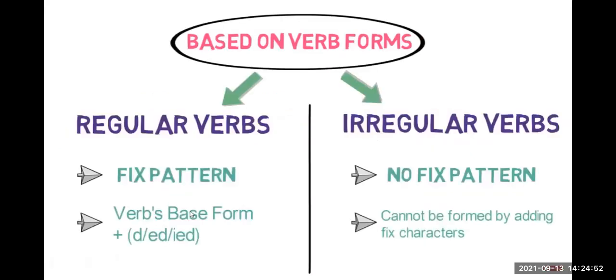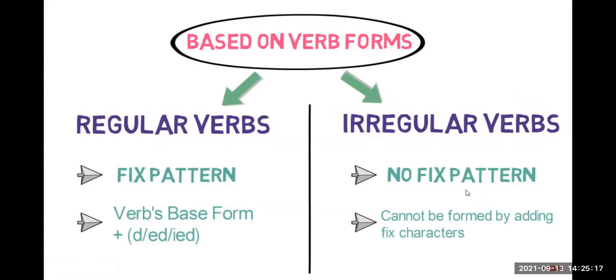So the difference between regular and irregular verbs is that regular verbs follow a fixed pattern, okay? Todos tienen la misma estructura. Eso significa que le añadimos d, ed o ied al final del verbo, okay? And the irregular verbs don't follow a fixed pattern.